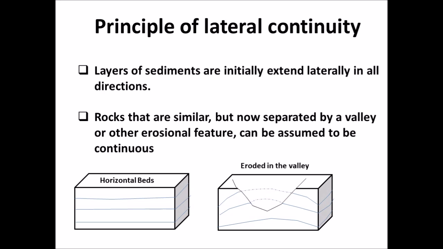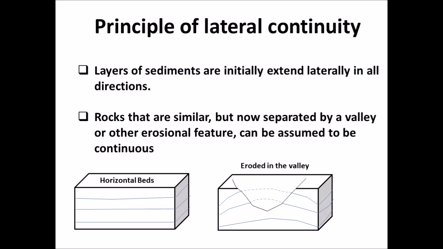And next is the principle of lateral continuity. It states that layers of sediments initially extend laterally in all directions, and so rocks that are similar but now separated by some process, for example a valley or other erosional features, can be assumed to be continuous.